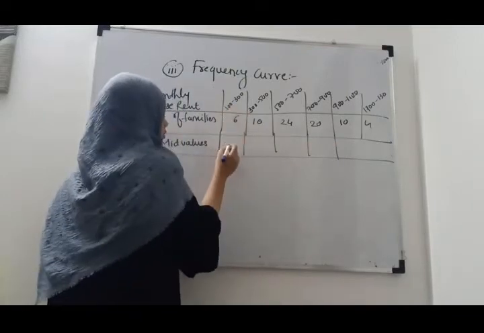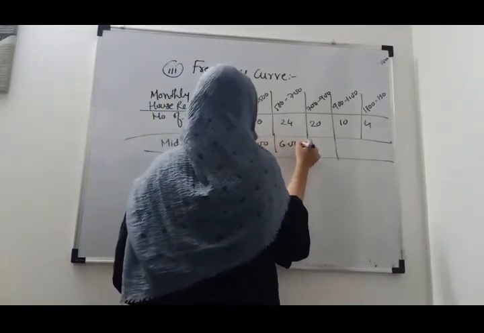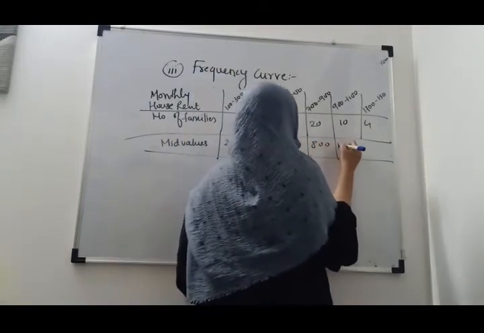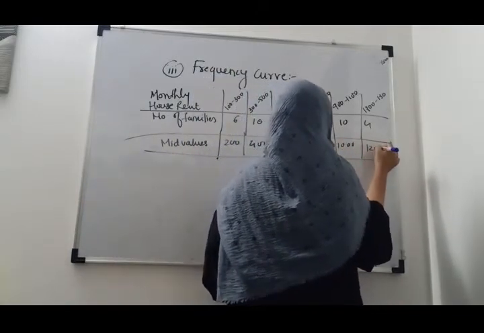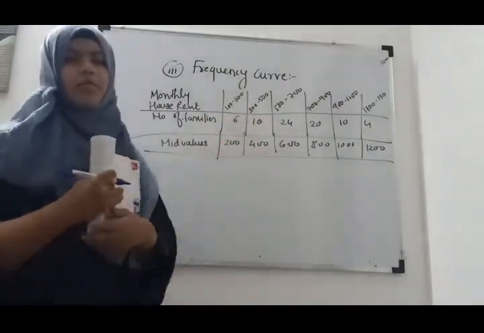So the midpoints for this will be 200, 400, 600, 800, 1000 and 1200. We have seen in the last class how to find out the mid values.